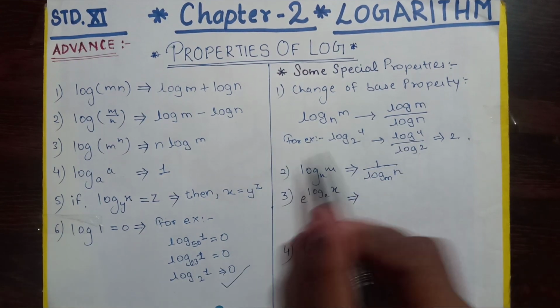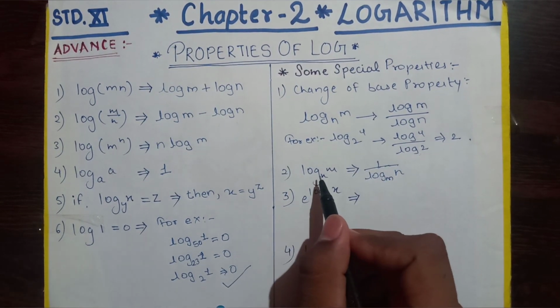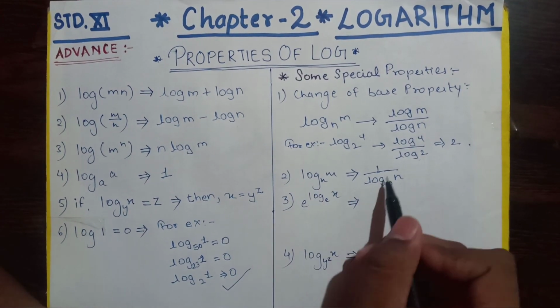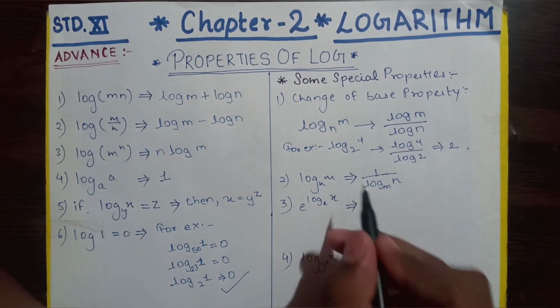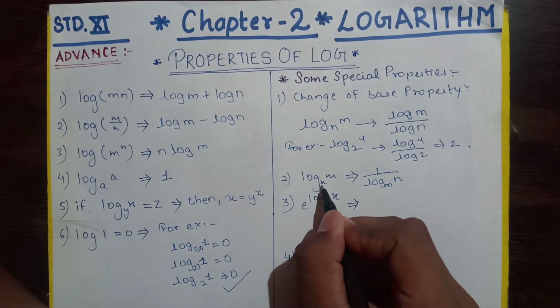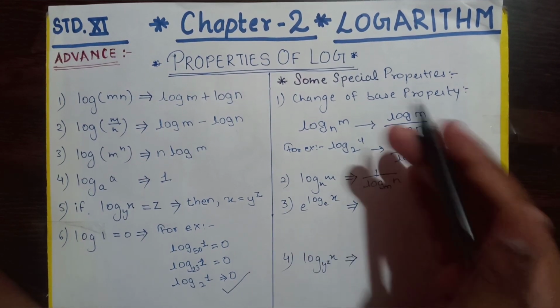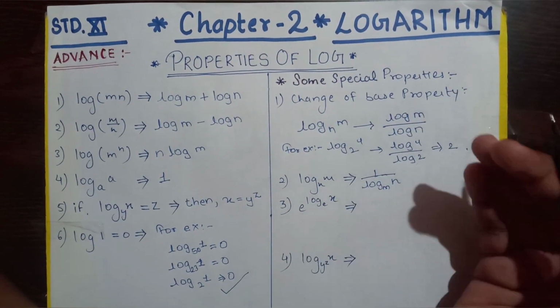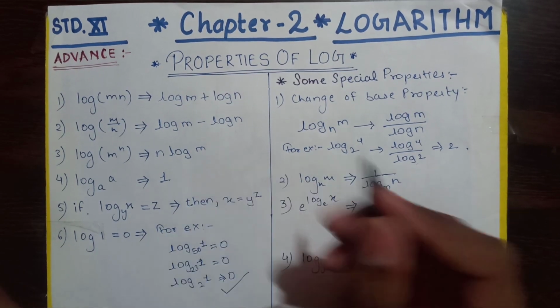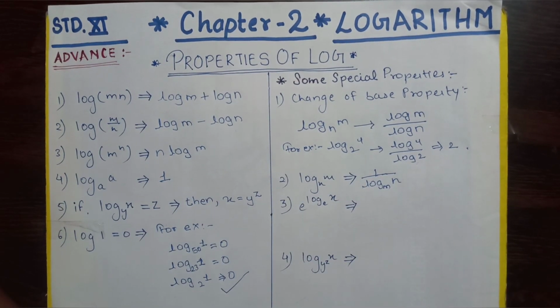See how it changed: here it was in the numerator and here it went into the denominator, and this number came here and this base went to the number's position. So this was also a change. It is a property which you can use while solving logarithms.